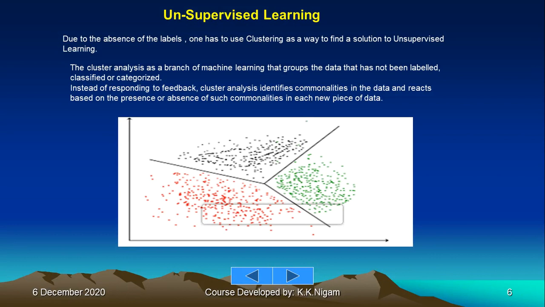Cluster analysis is a branch of machine learning that groups data that has not been labeled, classified, or categorized. Instead of responding to feedback, cluster analysis identifies commonalities in the data and reacts based on the presence or absence of such commonalities in each new piece of data.